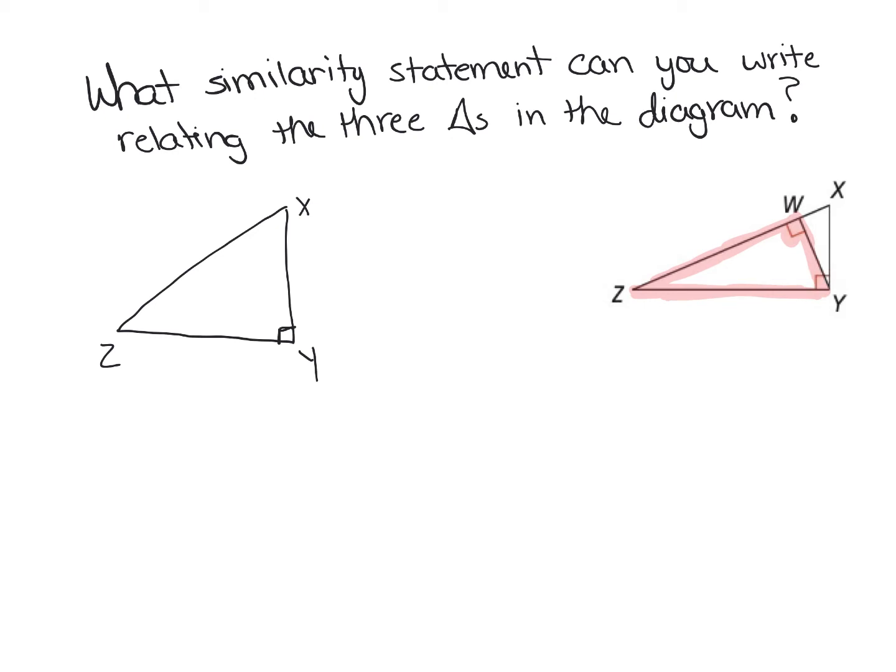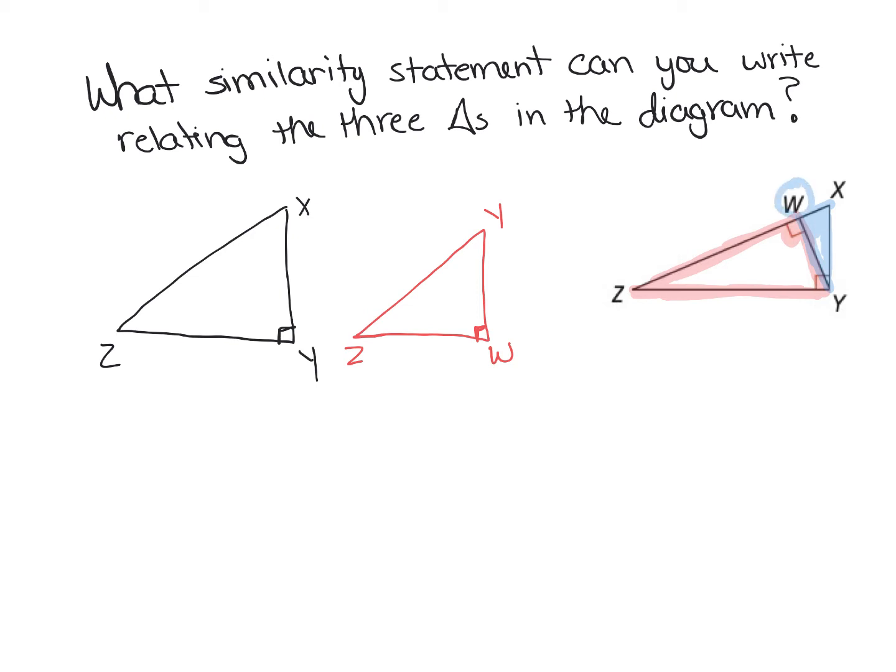I'm going to try to orient it the same way. W is where my 90-degree angle would be, and then Y would be up here, and Z would be here. Then we have another triangle formed over here, which is YWX, and W is where your 90-degree angle is.